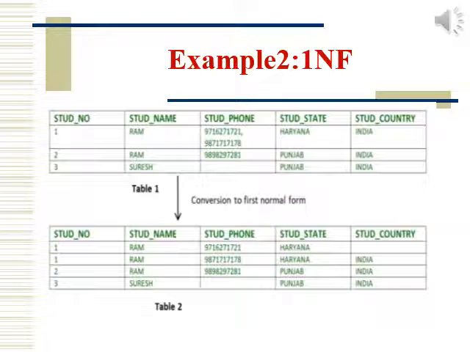So both are separated along with the other information. You may see here this table is separated into that table, and it is called first normal form.